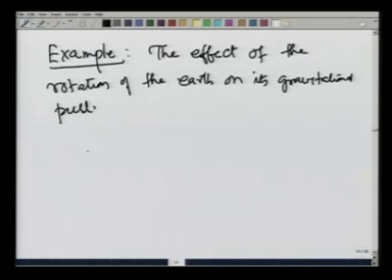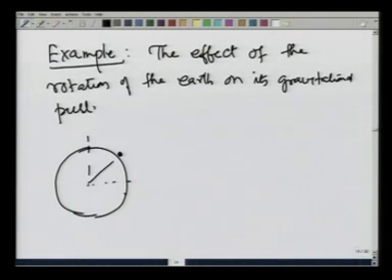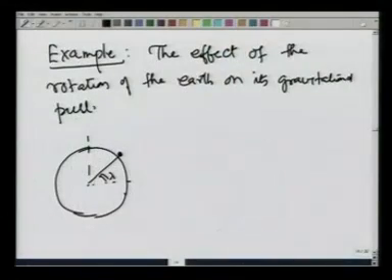So, you see, if I consider the earth, an object at say latitude lambda, if I observe it in this rotating frame, is in equilibrium under the forces. One is the gravitational pull m G0, where G0 is equal to G m over r earth square.